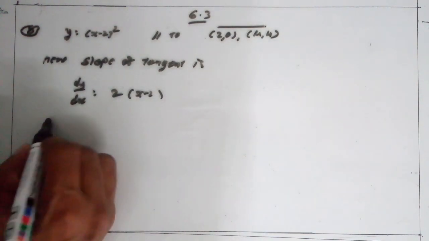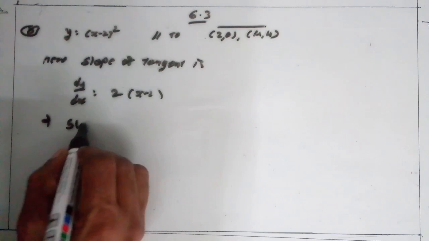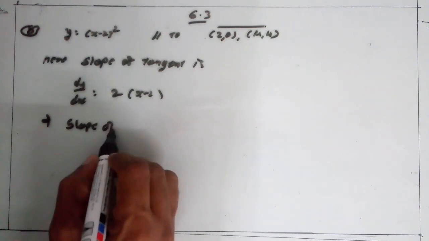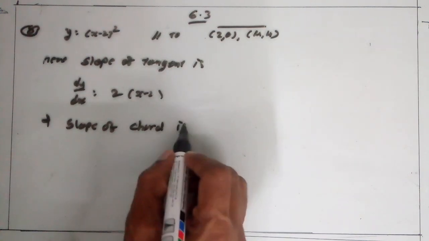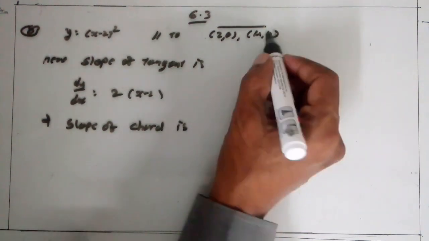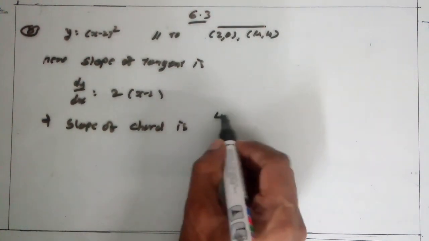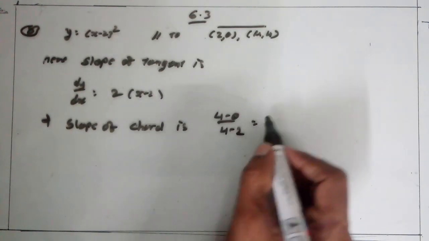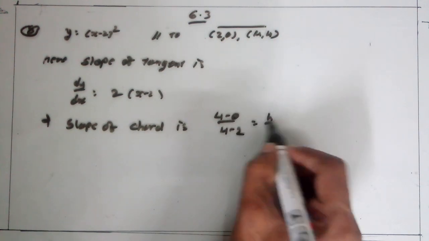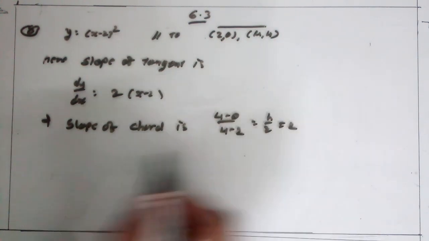And the slope of the chord, we know, is the difference of the y coordinates upon the difference of the x coordinates, which is 4 upon 2, equal to 2.